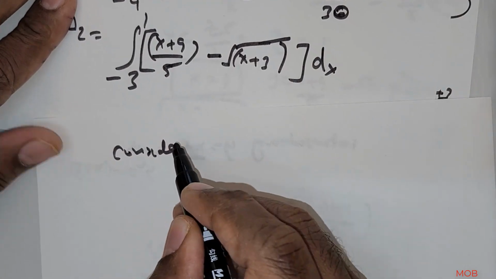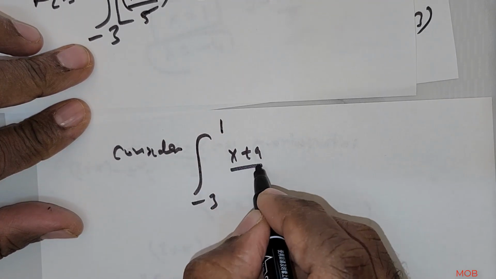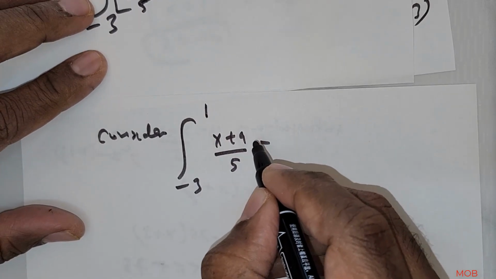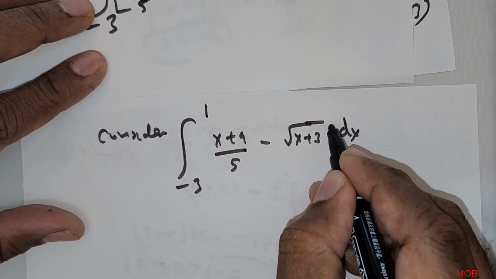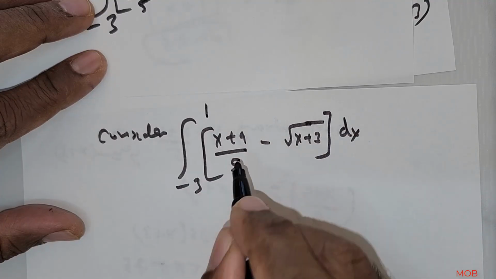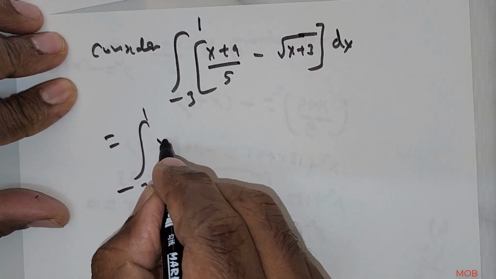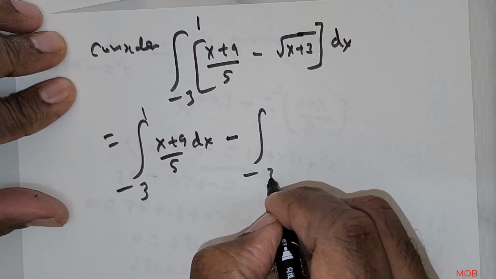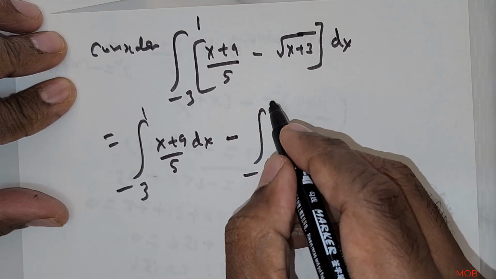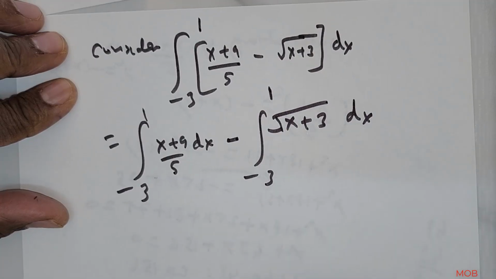And A2 is, consider the integral from negative 3 to 1 of x positive 9 over 5, negative root of x positive 3 times dx. So I can rewrite this as the integral from negative 3 to 1 of x positive 9 over 5 times dx, negative integral from negative 3 to 1 of root of x positive 3 times dx.